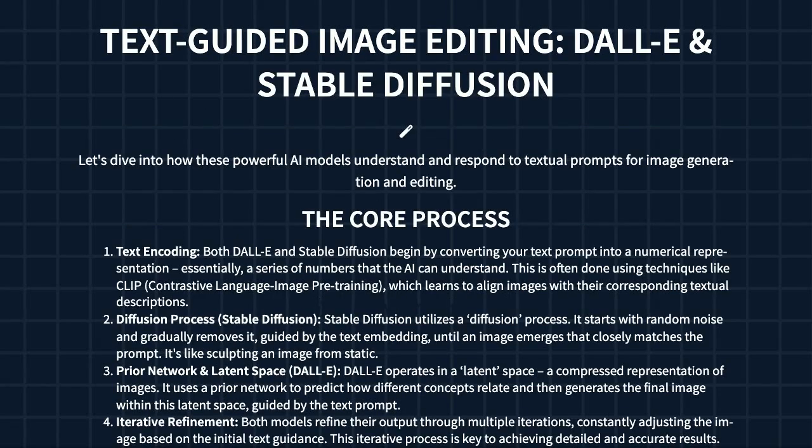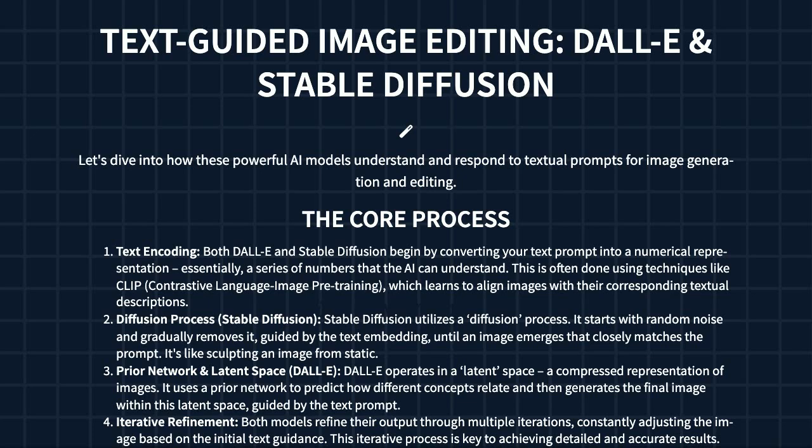Okay, let's talk about how these AI models understand what we want to see when we give them a description. Both DALL-E and Stable Diffusion start by turning your words into numbers, basically a secret code the computer can use. Stable Diffusion uses something called a diffusion process, where it starts with random noise and slowly removes it until you have an image that matches your prompt. It's like taking a blank canvas and gradually adding details.